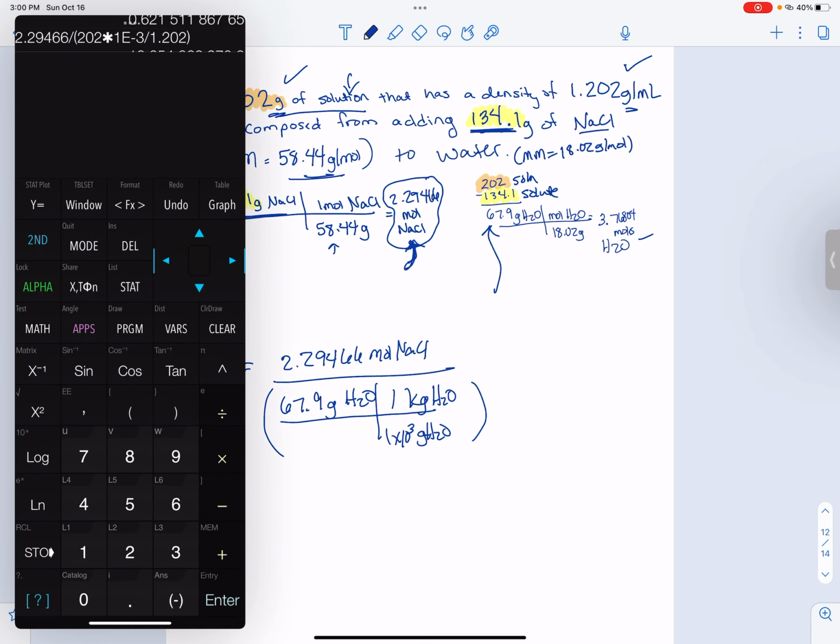So I have 2.9466 divided by parentheses 67.9 times 1 divided by 1 e to the third. And if you wanted to separate them out, you can, and I left out my decimal. Here we go, 67.9.